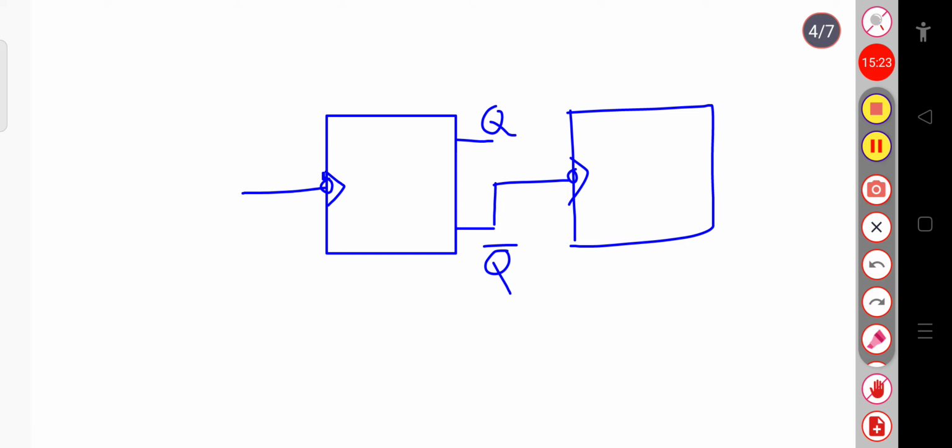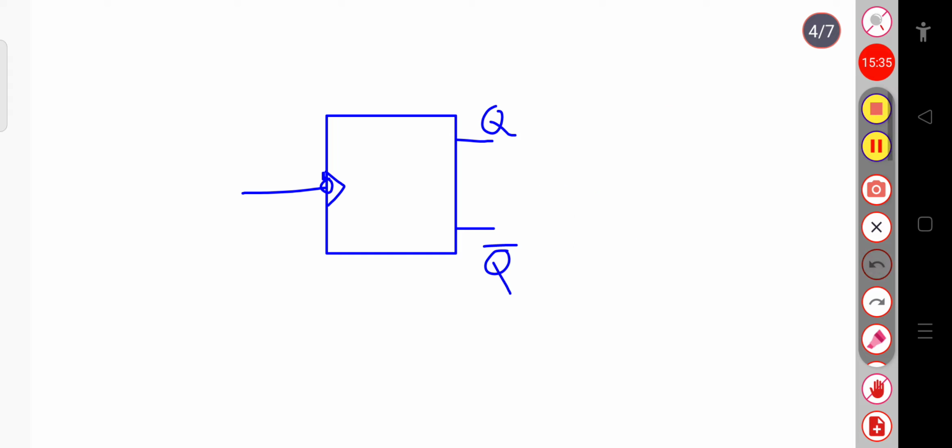But when Q is connected to the negative edge triggering clock of the second flip-flop, then this will be called the negative edge triggered up counter. You will see this in detail in the first part of the counter. Now we will see the mod 8 asynchronous up counter.